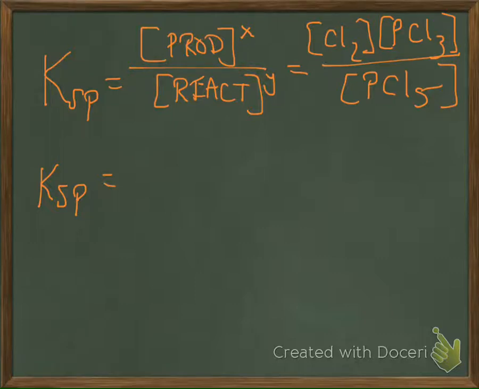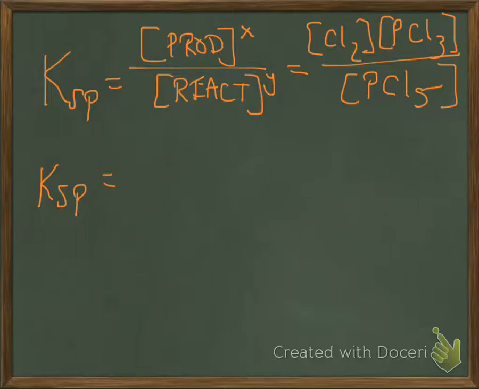if you recall from earlier in the packet, K is equal to the concentration of the products raised to their coefficients over the concentration of the reactants raised to their coefficients, and in this case that's Cl2 times PCl3 divided by PCl5, all to the first power because of their coefficients. And all we have to do is plug in the values from our equilibrium boxes.